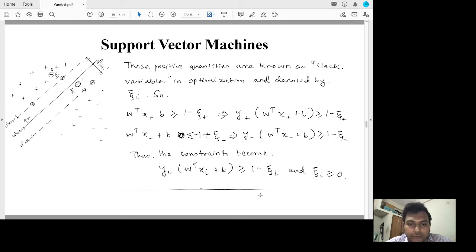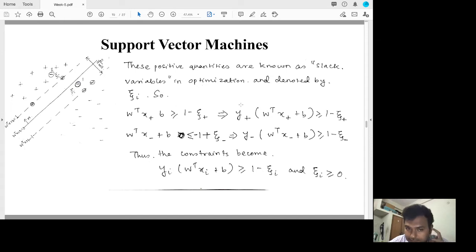So W transpose X plus B is greater than or equal to 1 minus xi plus, and W transpose X minus plus B is less than or equal to minus 1 plus xi minus.